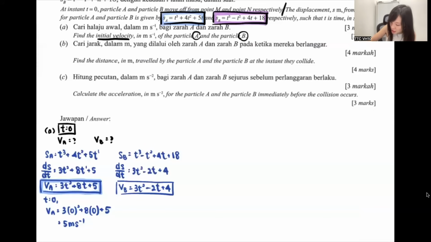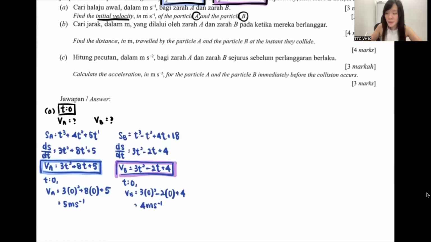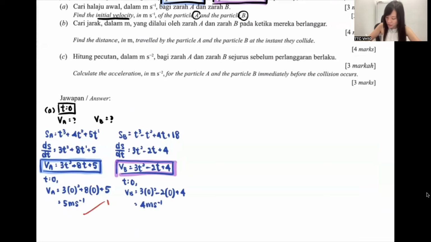This is the purple color one. Saw it? And then time is 0. Sub 0 inside. So isn't it 3(0) squared minus 2(0) plus 4? Are you guys getting 4 meters per second? Done. So one is 5 meters per second, one is 4 meters per second. How many marks? 3 marks. Here 1, here 1. Both differentiations together 1.